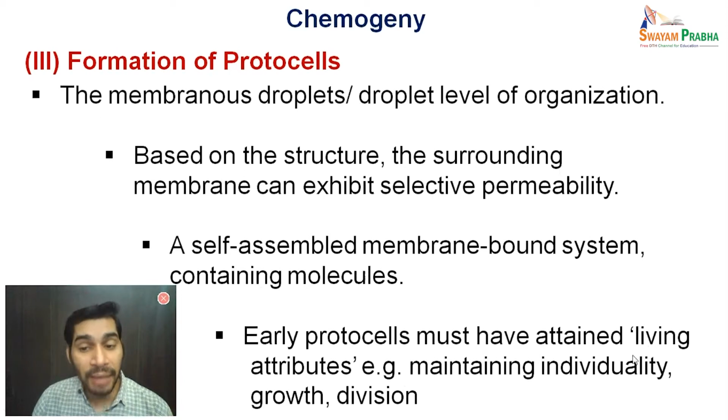It should be able to decide which molecules to take in and which molecules to discard, which molecule to be allowed or not allowed to enter the cell. Also, it should be able to grow in size. It should be able to divide as well. If a system has these kinds of living attributes, then it can be called a protocell. That means it can give rise to the cell.